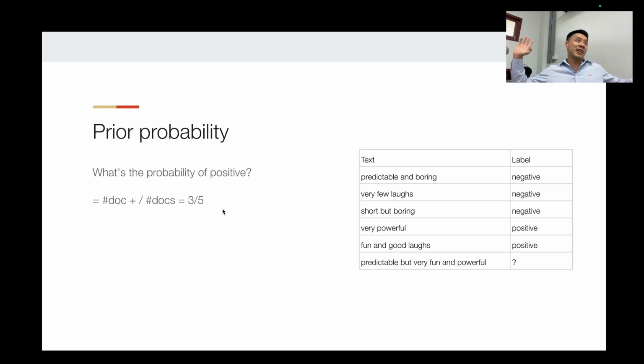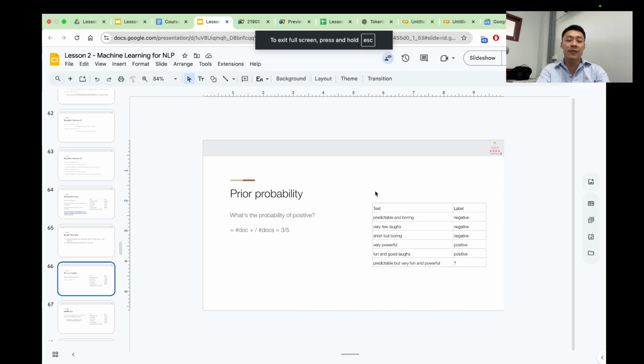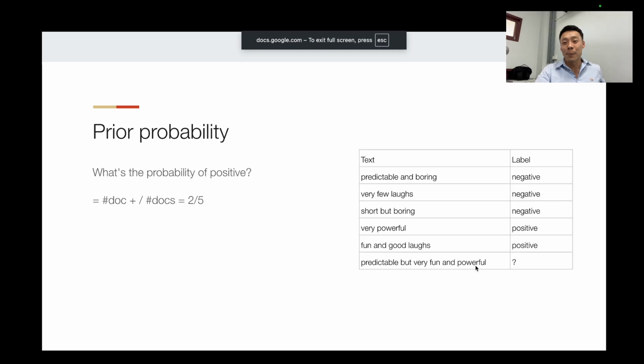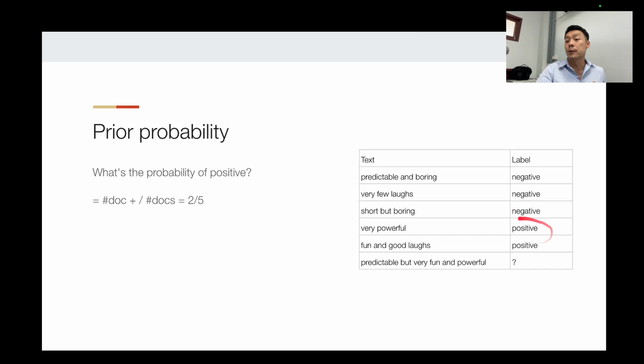If you don't know anything about the data, what's the chance of getting a positive label? It's 3/5. So far so good. No, it's 2/5, I'm sorry, because there are 2. I'll upload the new slide. It's 2/5, so we got 2 here out of 5. You know basic probability from high school.